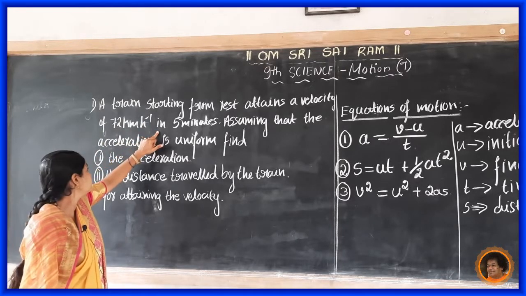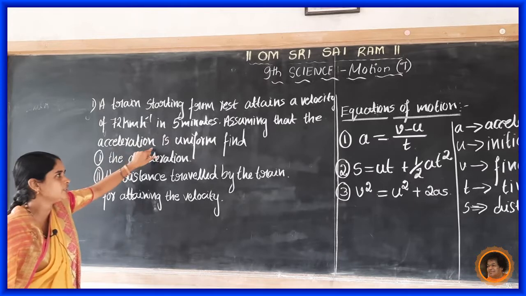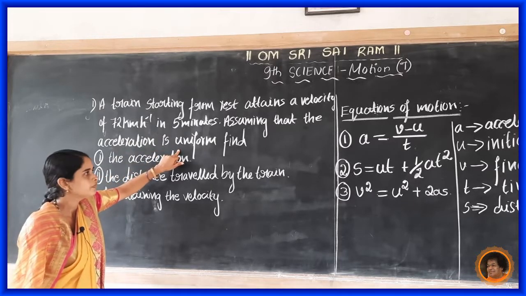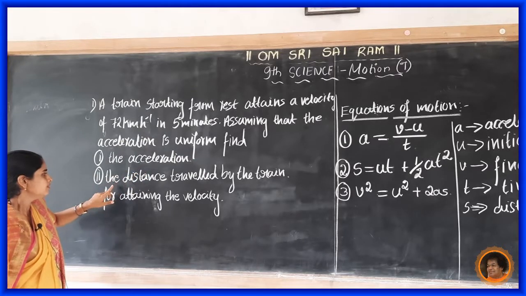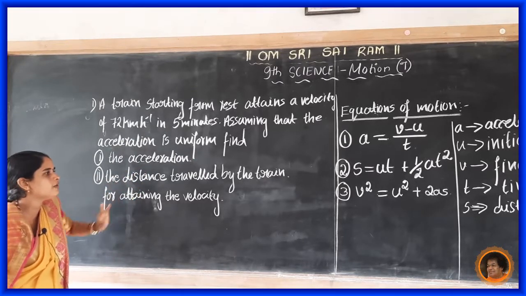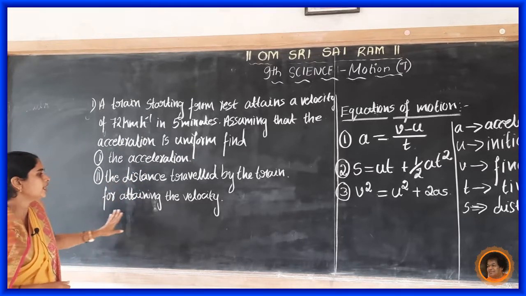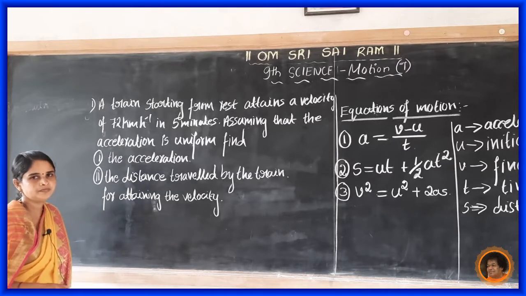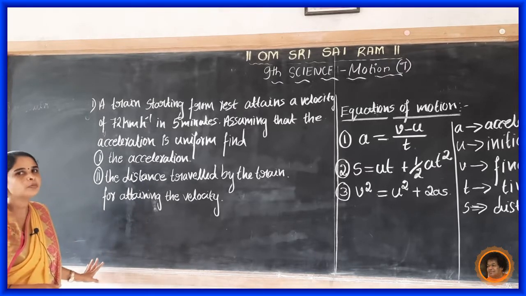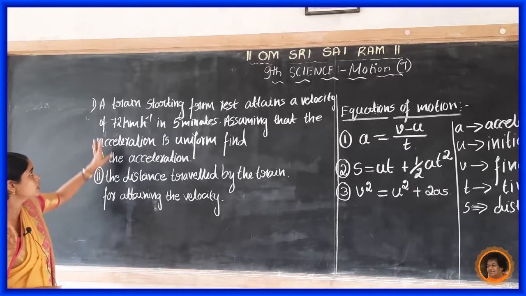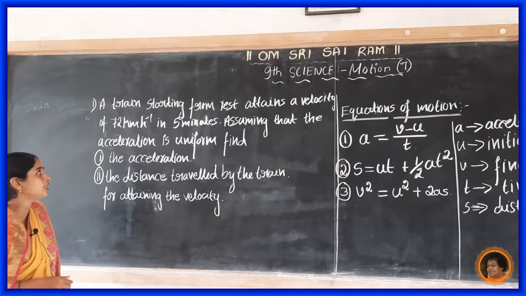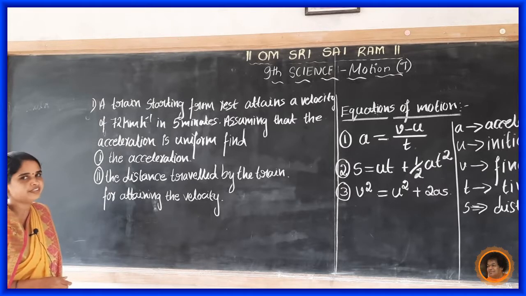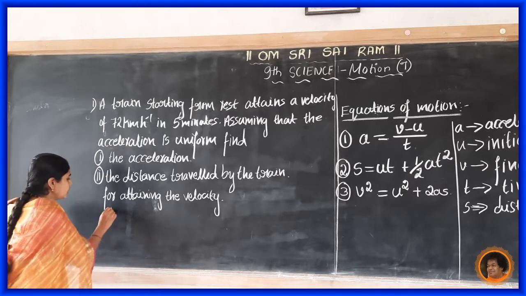Assuming that the acceleration is uniform, find the acceleration, and second, the distance travelled by the train for attaining the velocity. So write the data.